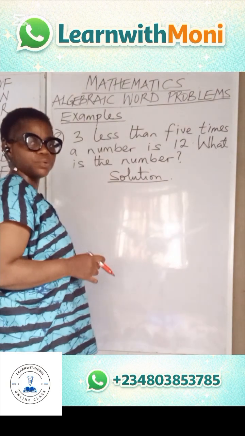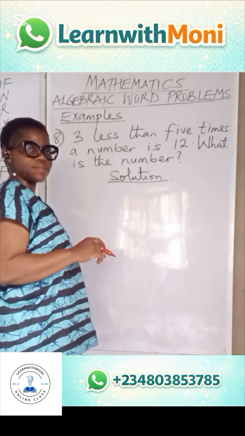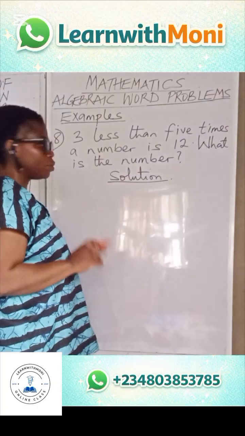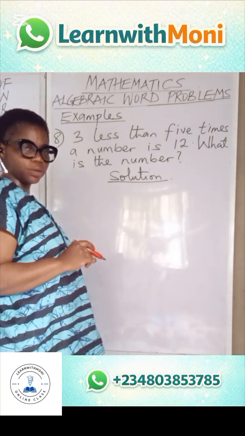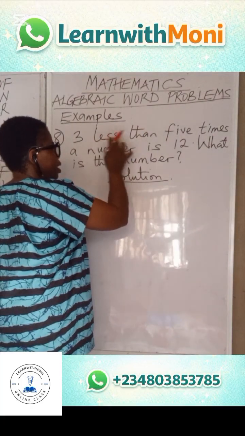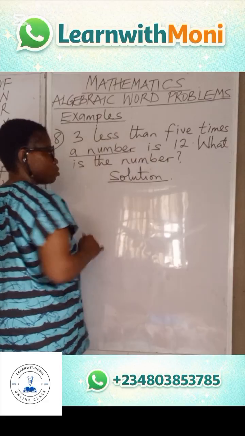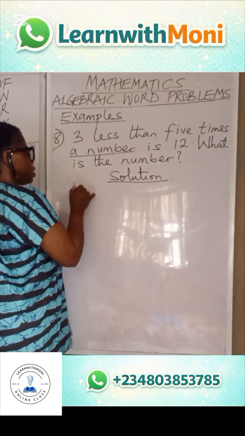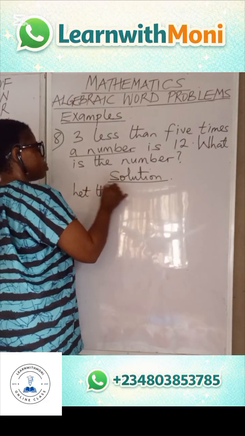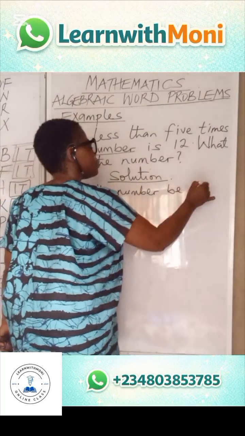Look at this example. It is a step higher than the previous examples, but it is not difficult as well. Look at what we have here. 3 less than 5 times a number. I don't know what that number is. I will say, let the number be x.